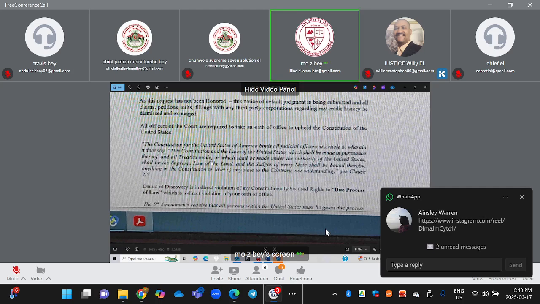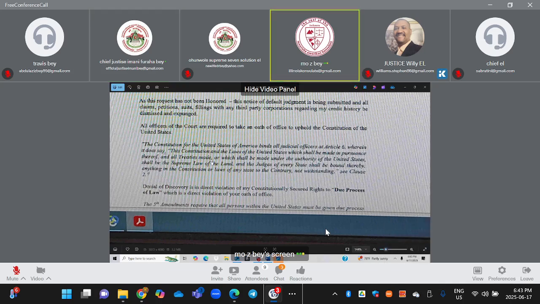So understand, the treaty is the supreme law of the land. Article 21 says, any disputes amongst citizens and Moors, the council shall decide. You all are councils. And the judges of every state shall be bound.